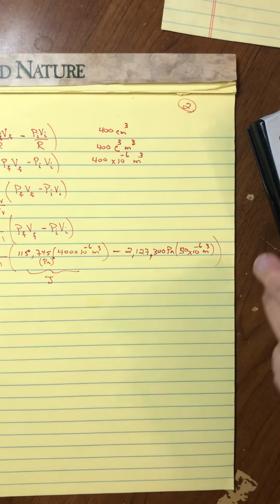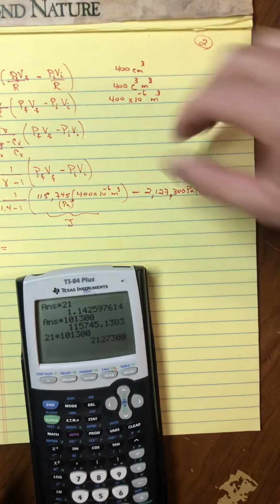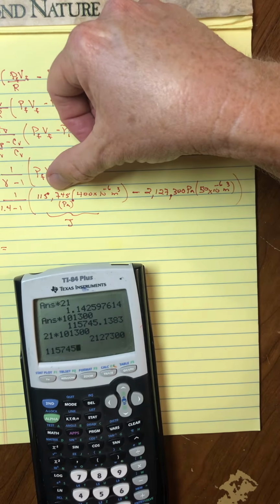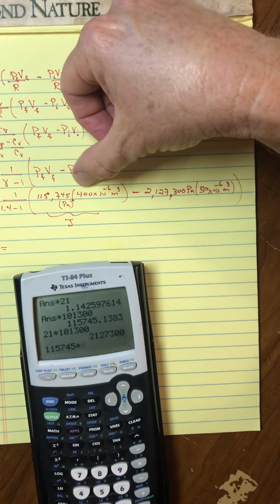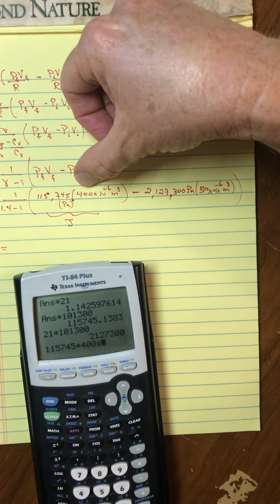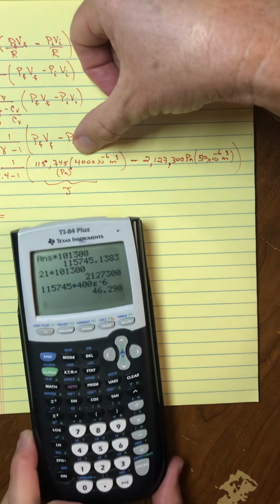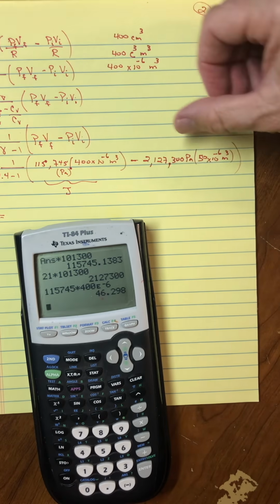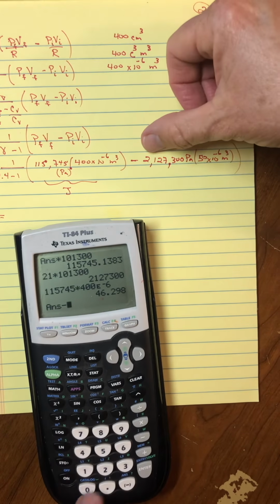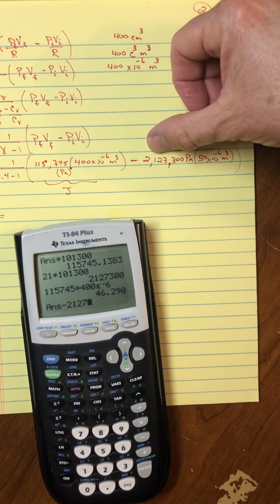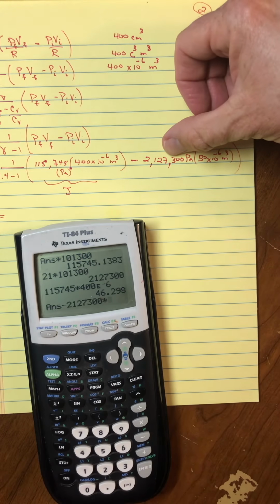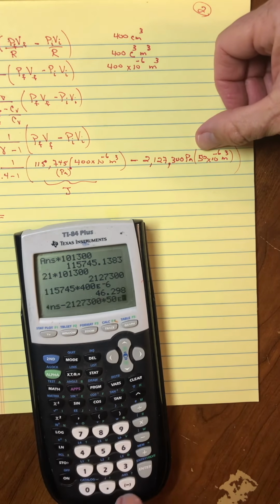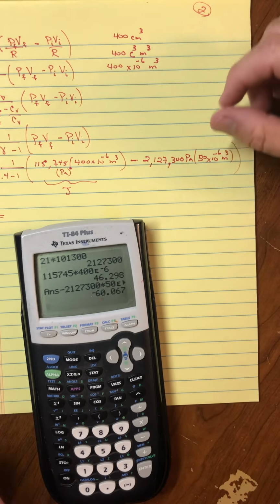Okay, so if I now grab my calculator here, let me take the 115,745 and multiply that by the 400 times 10 to the negative 6. So that's about 46 and change joules. And then minus the 2,127,300 times the 50 times 10 to the negative 6.